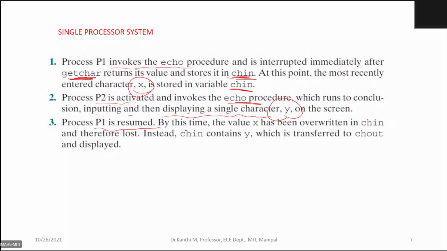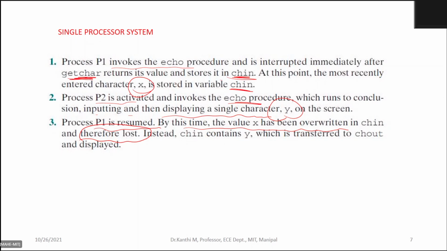P1 has resumed. By this time, the value X has been overwritten in the variable and is lost, because in the process P2, I have loaded some other character like Y, which was loaded in the particular variable using the same procedure. But process 1 was interrupted in between. I do not know what was the variable loaded by process 2.